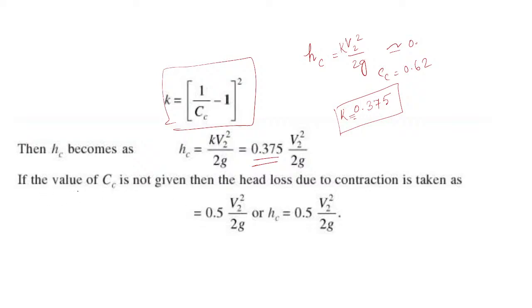Again, there is another statement: if the value of Cc is not given in the problem, you can straight away take the K value as 0.5. Otherwise, take it as a constant value.